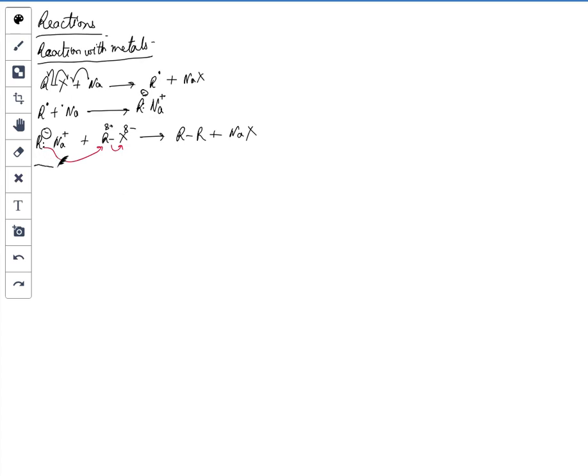If I just add all these reactions, I am going to get twice of RX plus twice of Na gives us RR plus twice of NaX.